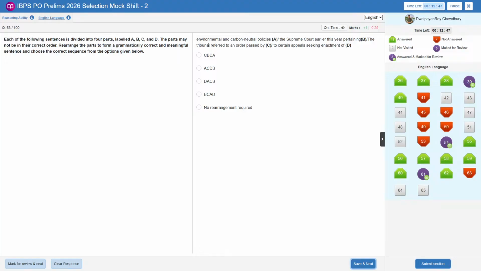The tribunal referred to an order passed by, so CB to start with, to certain appeals seeking enactment of environmental and carbon neutral policy.